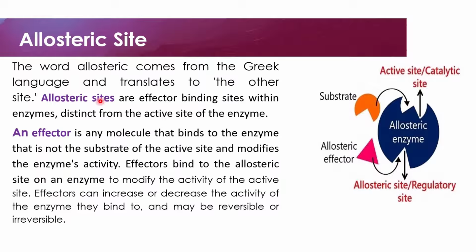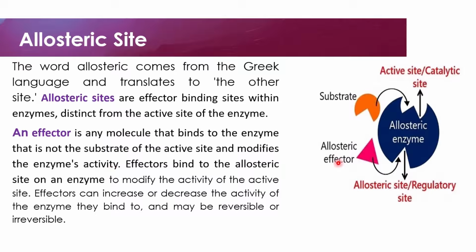And what you have to note is that allosteric sites are effector binding sites within an enzyme, distinct from the active sites of the enzyme. So this happens to be the allosteric site of this enzyme, and it is where the allosteric effector binds to. An effector is any molecule that binds to the enzyme that is not the substrate of the active site and modifies the enzyme activity.